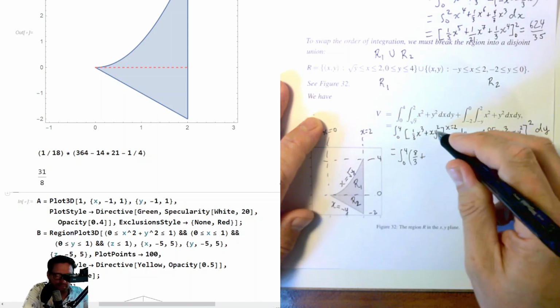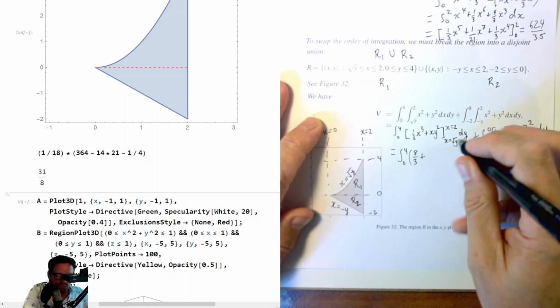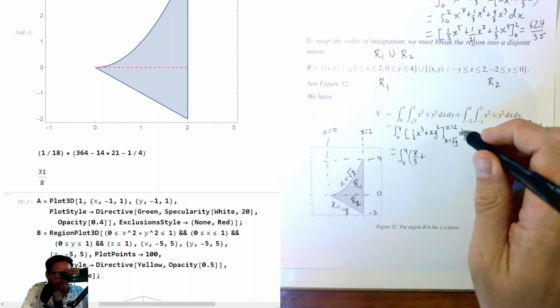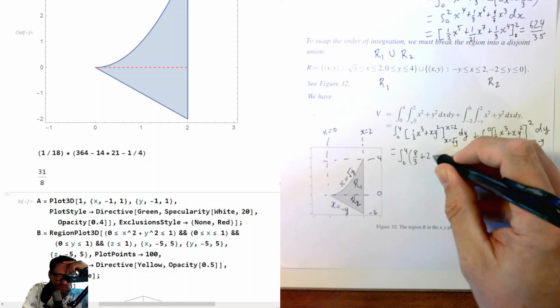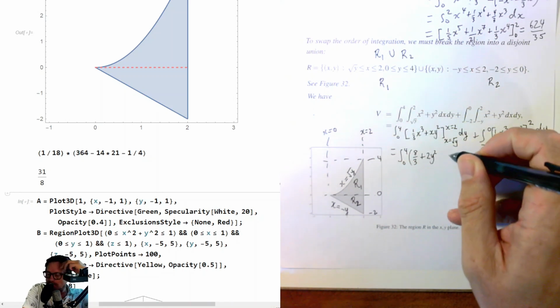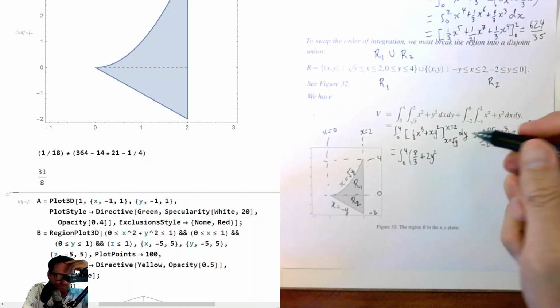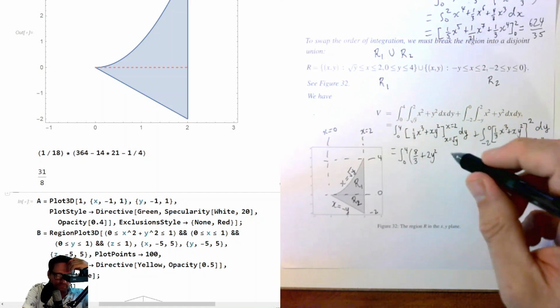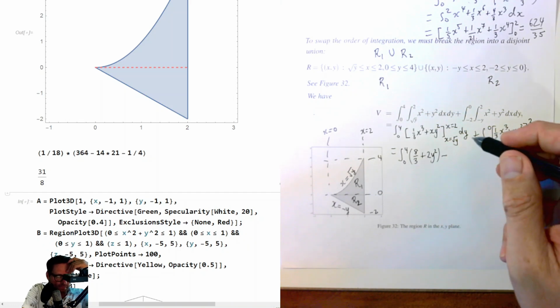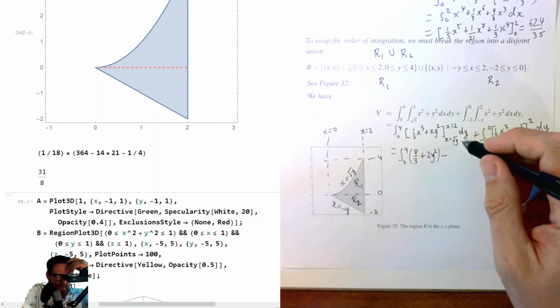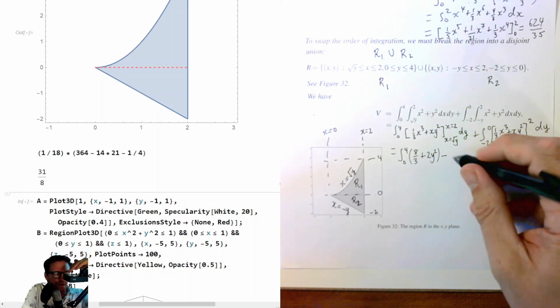Okay, what am I replacing? I'm replacing x with 2. So 2y squared. Yes. And then we subtract what happens when we replace x with root y.